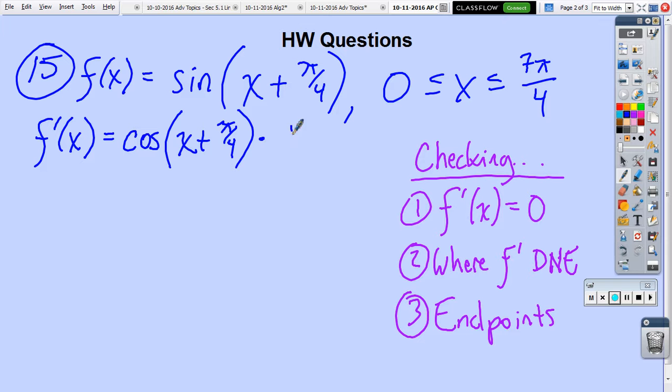Just 1. Good. Pi over 4 is just a constant. Derivative of x with respect to x is 1. So I'm going to go ahead and erase that. Now you know what? I'll leave it there, and I'll just put it on the next line down, to show that it was taken into account.